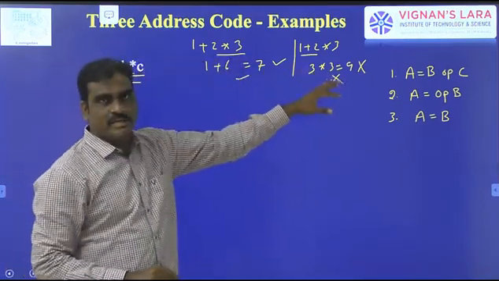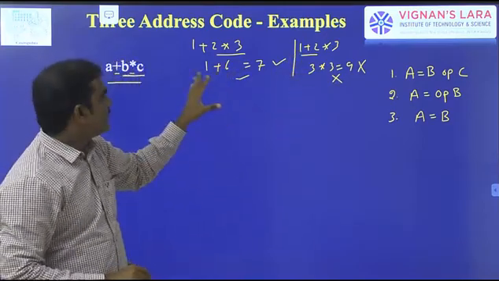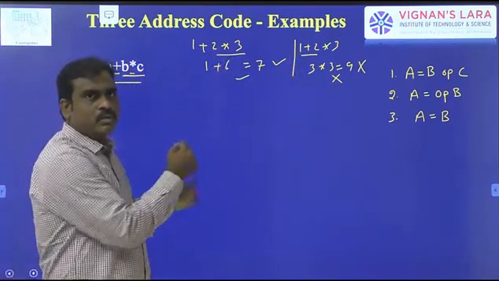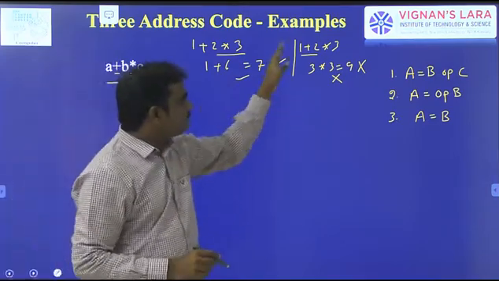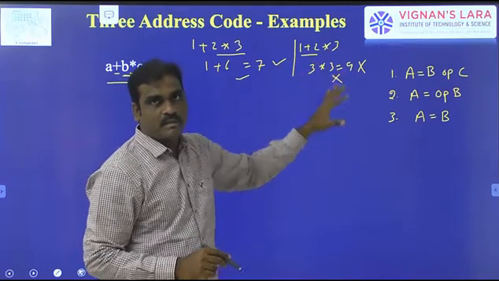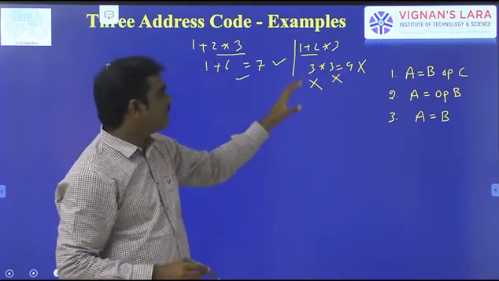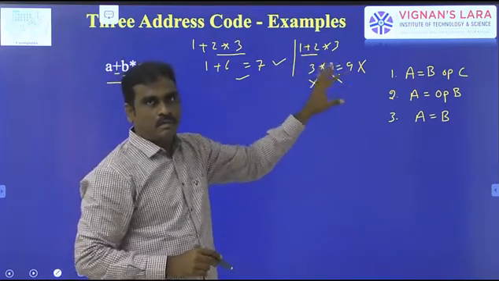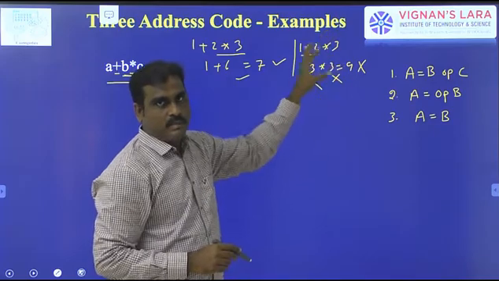Anyway, both generate values, but this is the wrong approach and this is the correct approach. We could convert into three address form this way also, but it generates invalid, wrong data. That's why it is wrong.